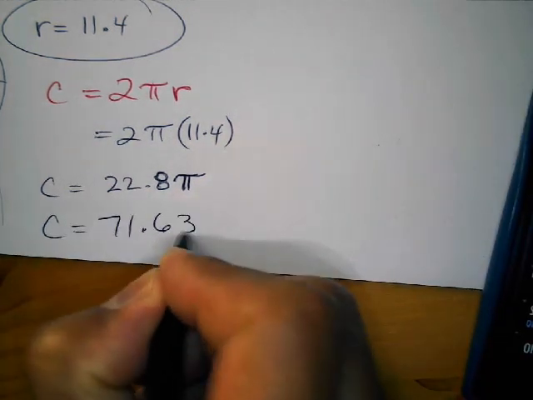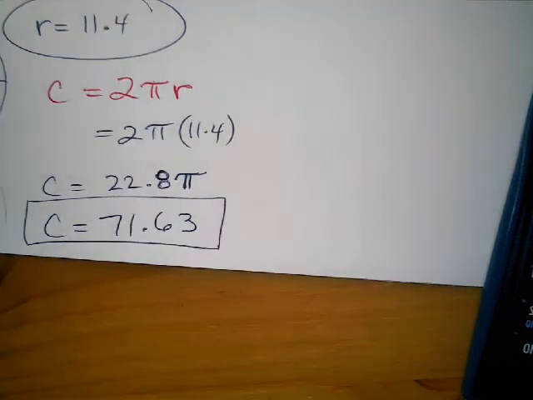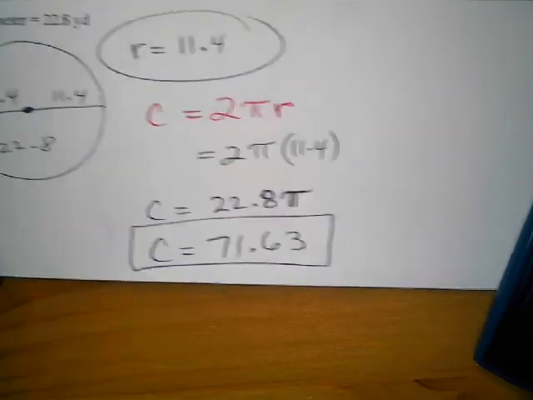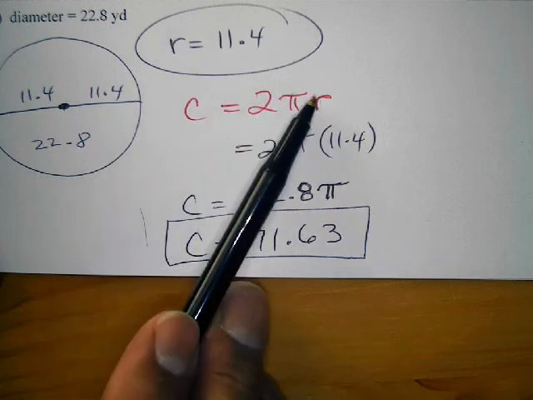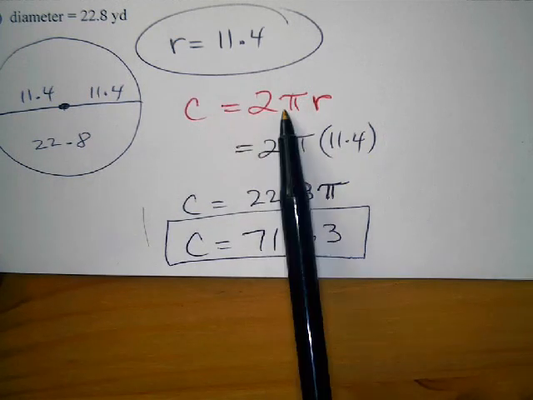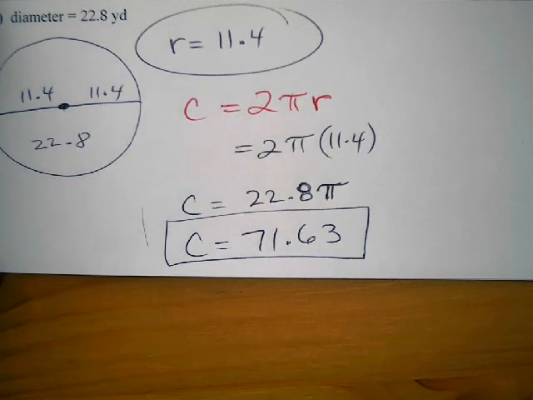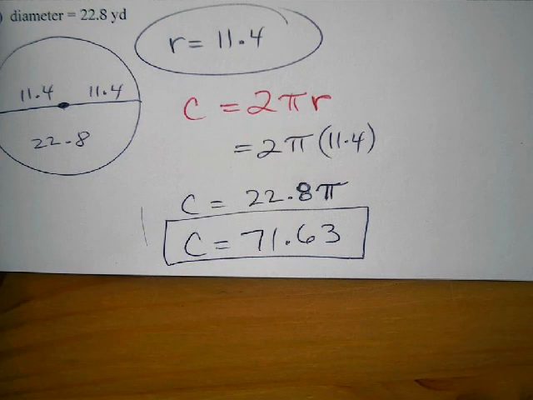That 8 can round this off, so that's going to be 71.63. And that is it. That is a simple formula. You only need to know the radius. Make sure you use the radius. 2 times pi times the radius. Okay, that's it. Easy one.